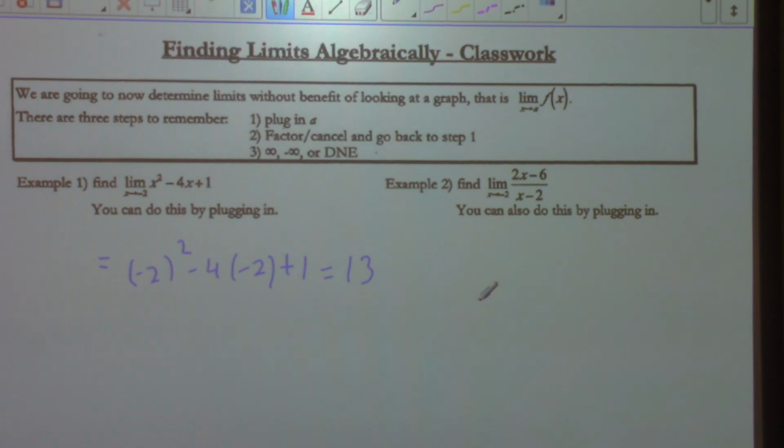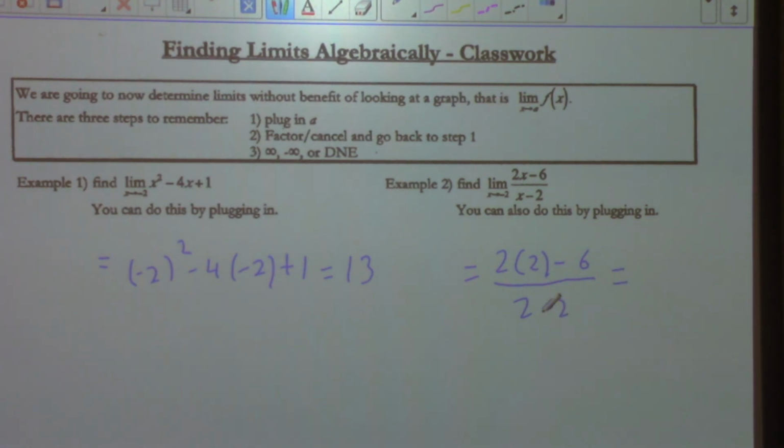Now we're left with example 2, find the limit as x approaches 2 of 2x minus 6 over x minus 2. So that's going to be equal to 2 times 2 minus 6 over 2 minus 2. What is that going to be? Would it be negative 2?